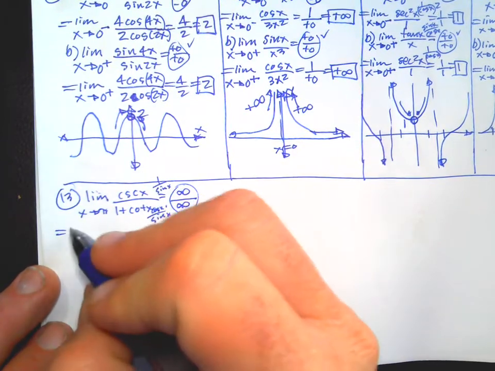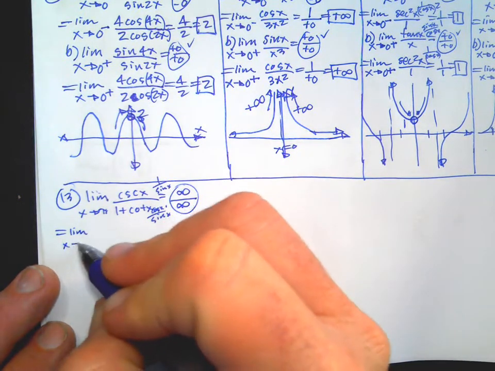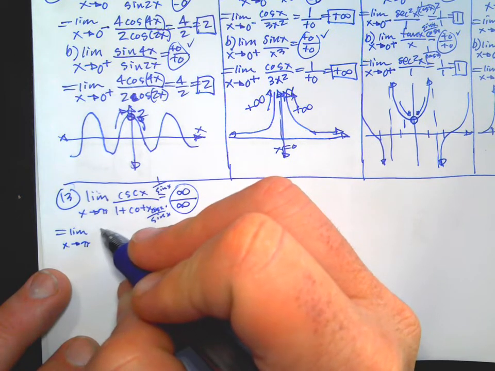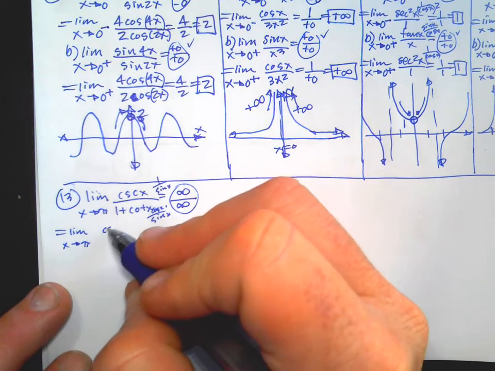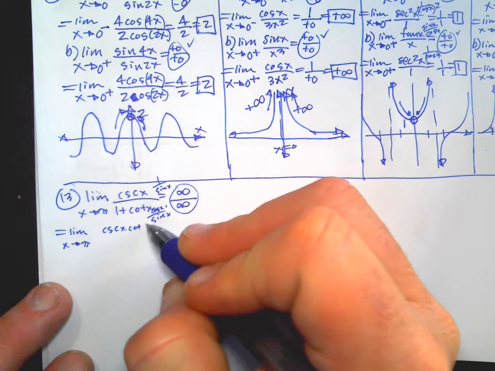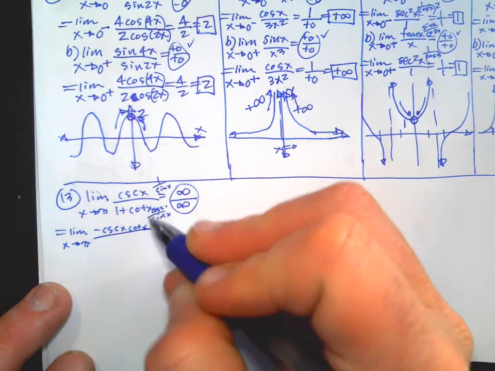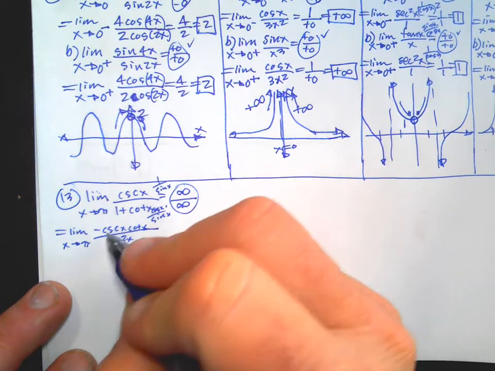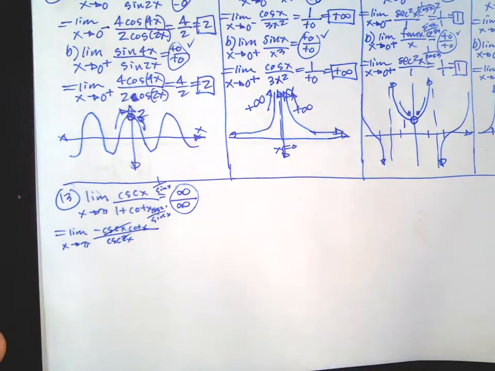So then we could do L'Hopital's rule. The derivative of cosecant is negative cosecant cotangent. The derivative of cotangent is negative cosecant squared. We could clean this up.